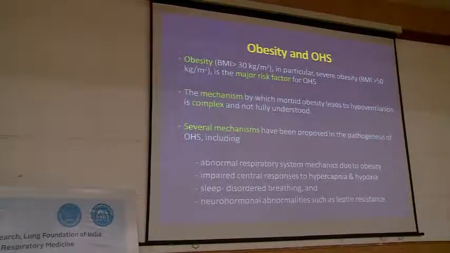The most important thing we as pulmonologists need to understand is that obese people have adipose tissue all over the body. There is excessive fat on the chest wall and on the abdomen, and as a result they press on the lungs, giving rise to restriction. Therefore the compliance of the lung is reduced, and there is increased strain on the respiratory muscles.